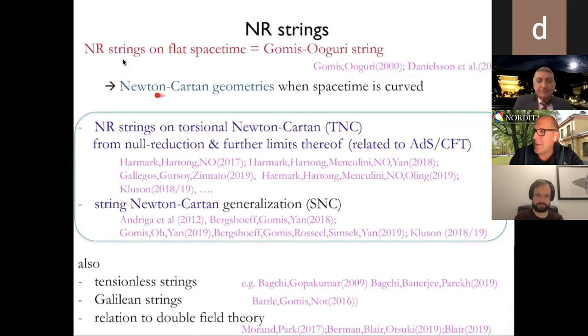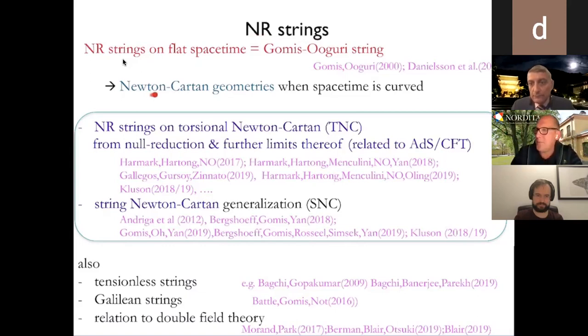Then what happened? As I emphasized, they considered the string theory on a flat space-time, and with a renewed interest in non-relativistic geometries, Newton-Cartan geometry being the simplest example of that, and I will review that in a second. But with the advent of interest in non-relativistic geometries, people started to look at how this string theory looks on a more arbitrary curved space background.